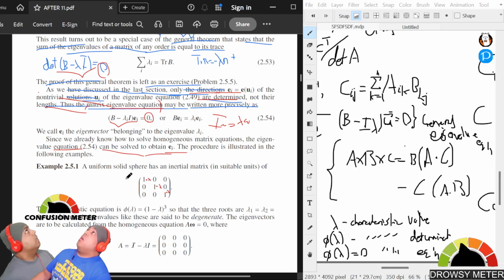The determinant is 1 minus lambda to the power 3. How do you find the roots of this? Well, it's already factorized.